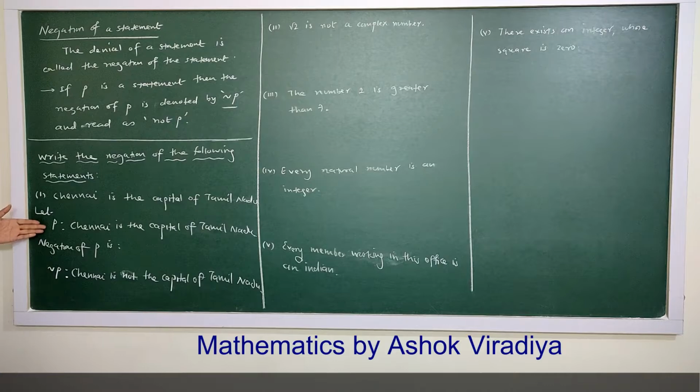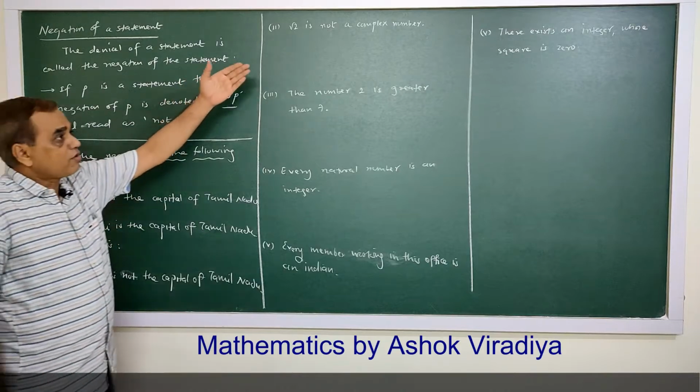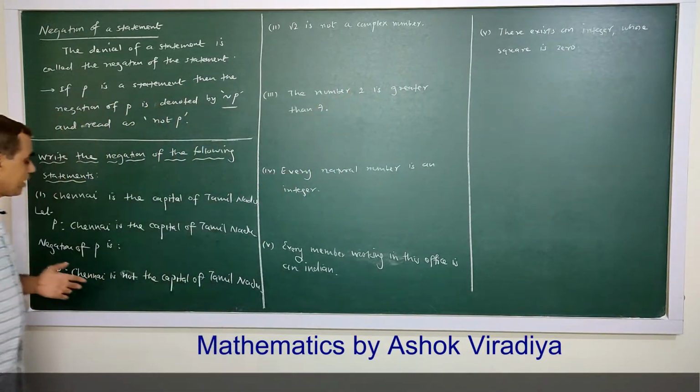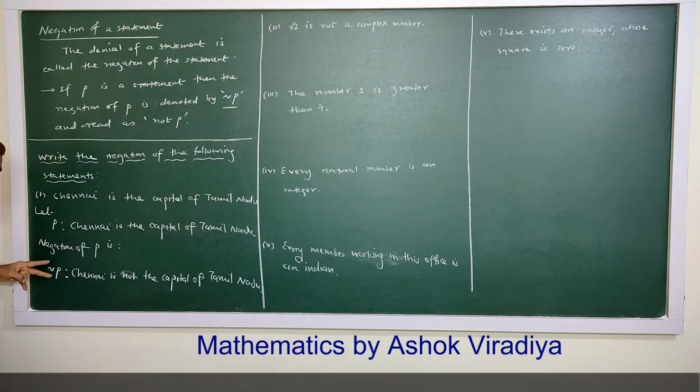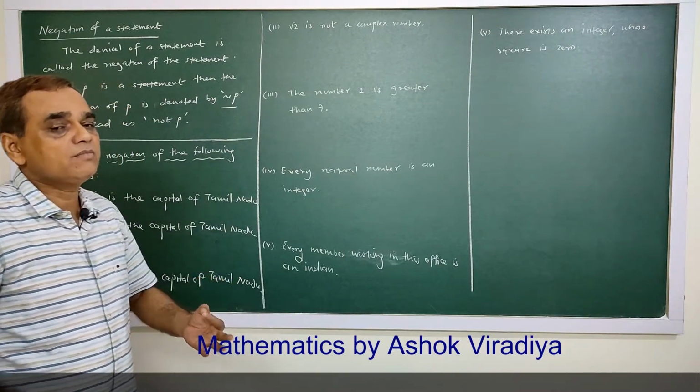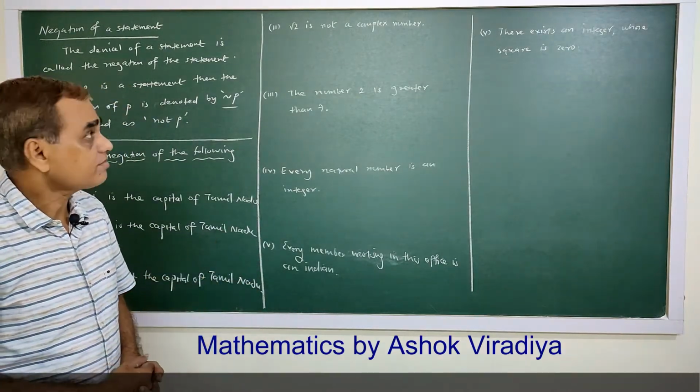So this is the method to use symbols. The same symbols can be used for all these statements. For statements you can use Q, so its denial is not Q. You can use R, its negation is not R. Small p, small q, small r, these symbols are used.